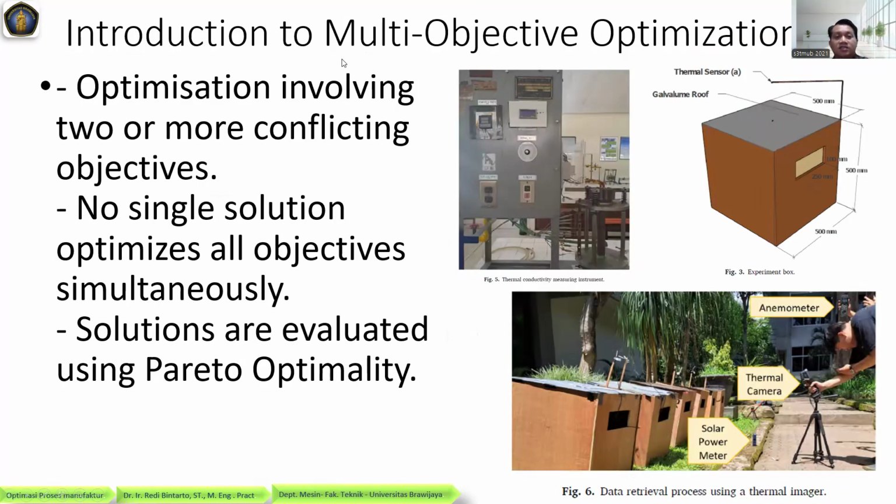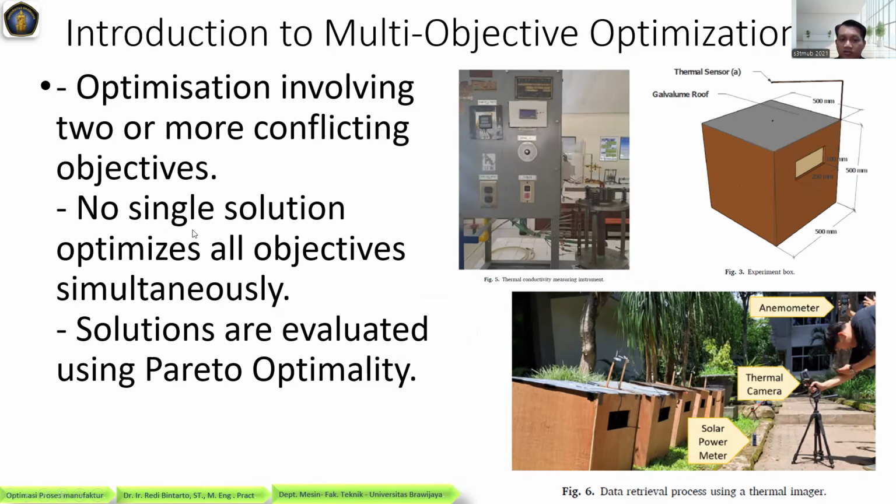Okay, so multi-objective optimization is optimization involving two or more conflicting objectives. Like here, we want to measure the temperature, but we have so many parameters between the miniature box and the environment.